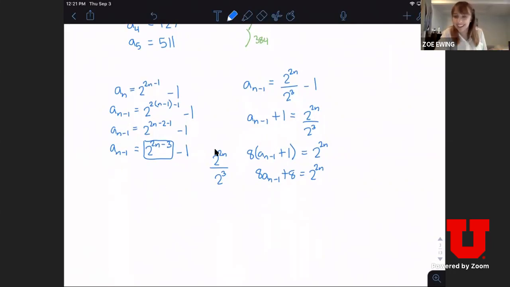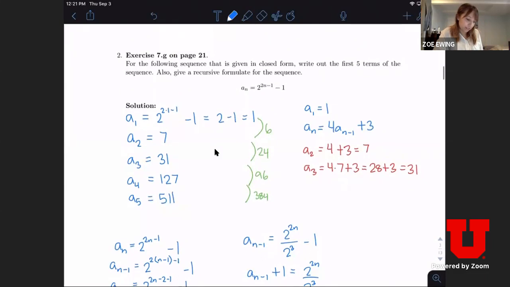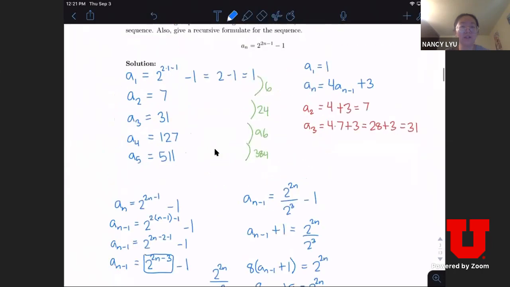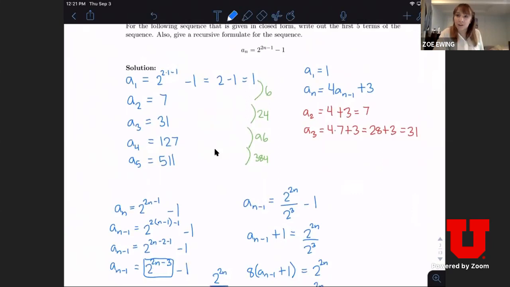Nancy? Are you trying to use the recursive one to get the closed one, or? The closed one to get the recursive. Oh, okay. Isn't that already the recursive one? The a_n equals 4 times a_{n-1} plus 3? Yeah, I was trying to show the way that you can derive it through algebra because I know a lot of people have struggled with just coming up with the recursive formula without that.